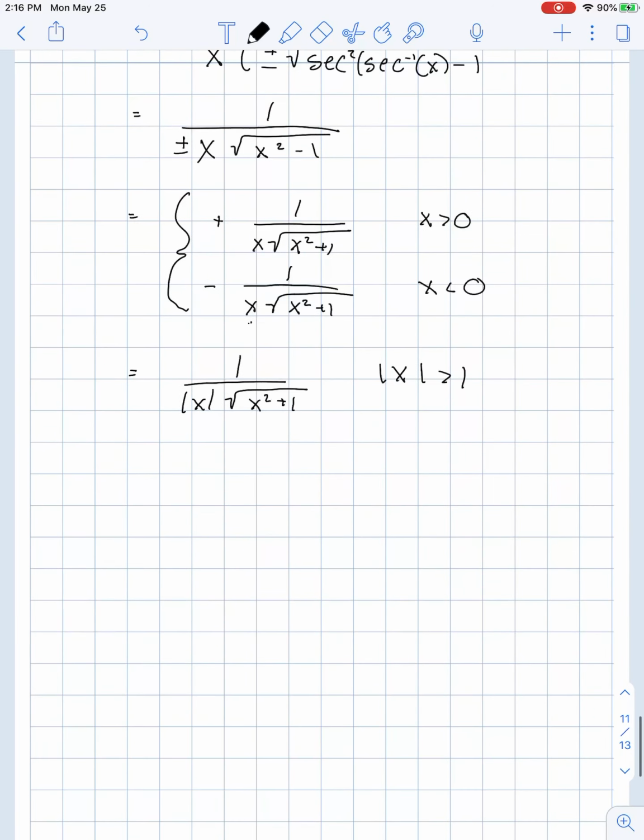So what is this, 19, 20? That gives us our next derivative rule: the derivative of the inverse of secant is 1 divided by the absolute value of x times the square root of x squared minus 1.